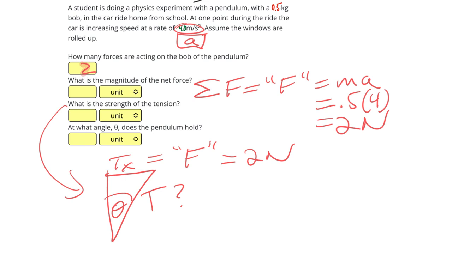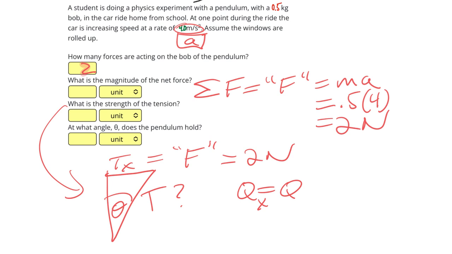So we can use some trig. That's like the x component. So remember that equation, Qx equals Q cosine.